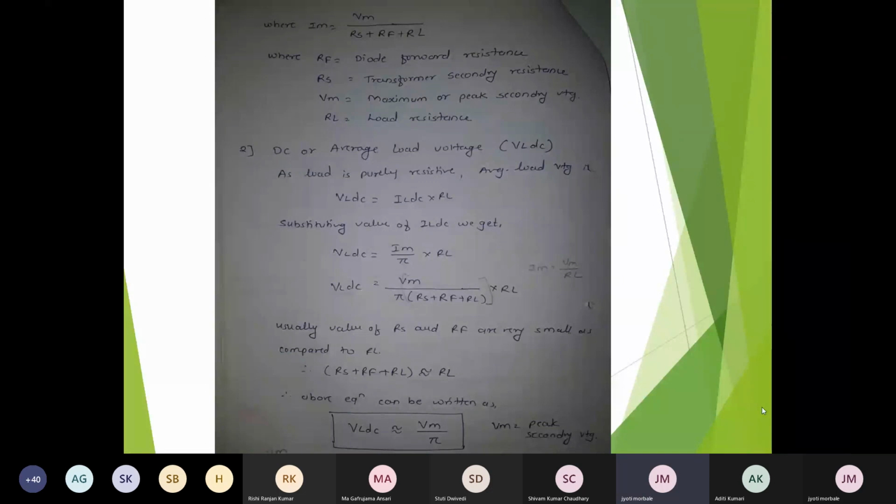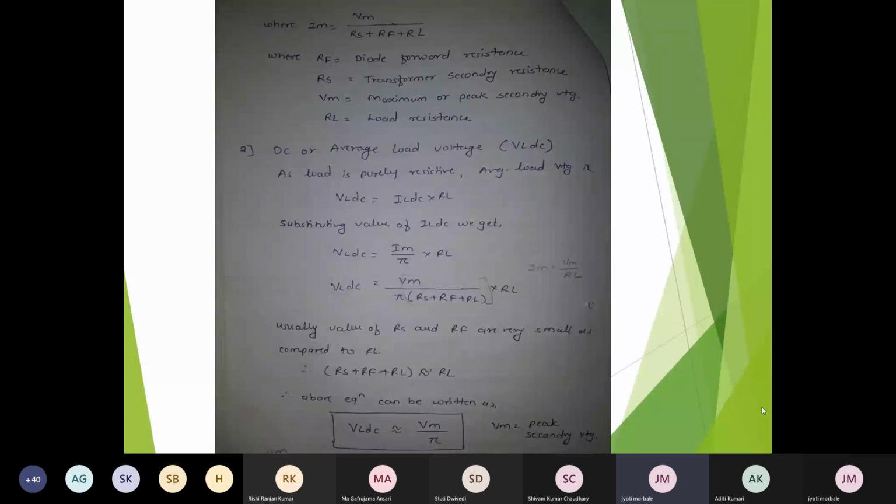Then RS, the secondary winding resistance of the transformer, and RL. Vm stands for maximum peak voltage, V for voltage and M for maximum.